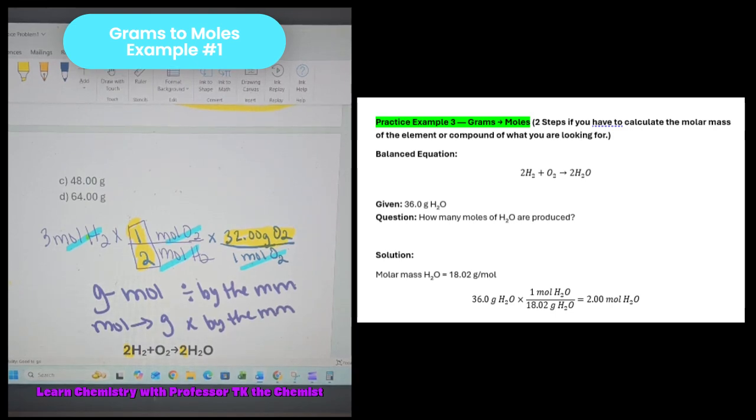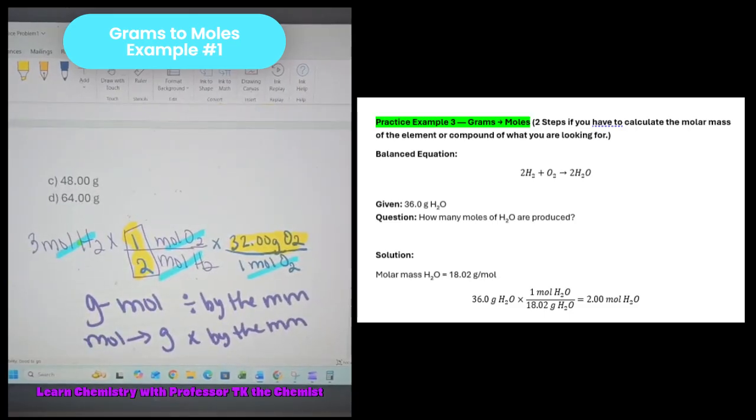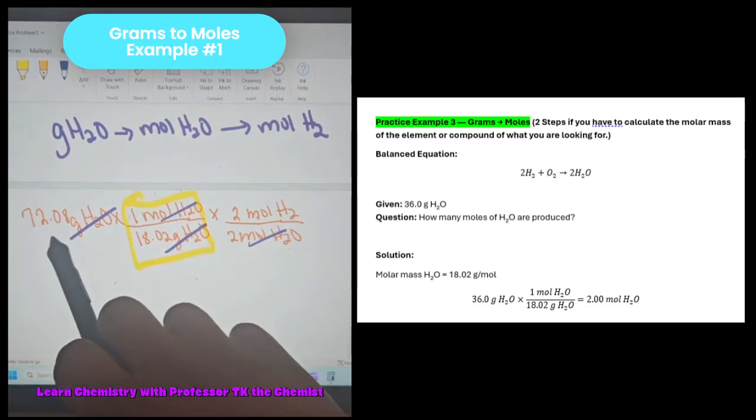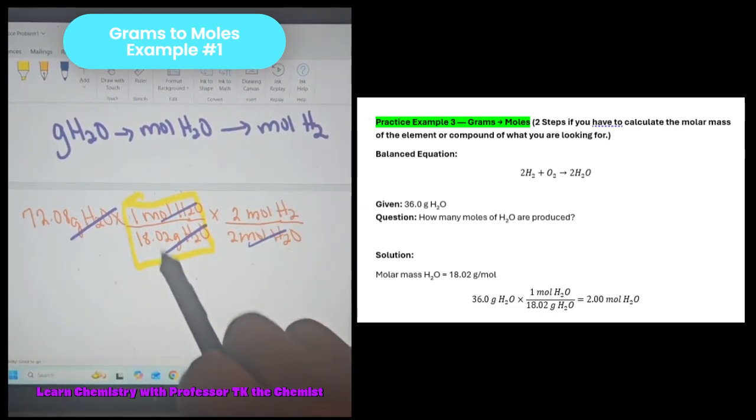When you're going to a mole from a gram, you divide by the molar mass. When you're going from a mole to a gram, you multiply. But when we were down here, gram to mole, we divided.